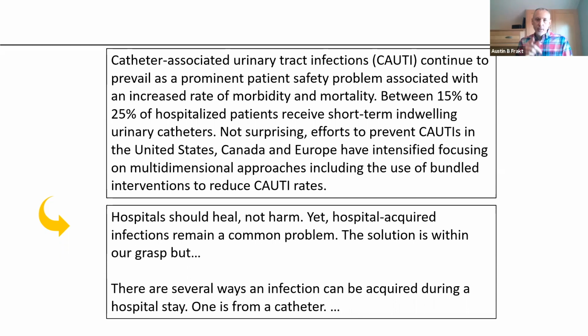But here's the thing: the lead has to be short and simple like this. It needs to start from a place where everybody's nodding their head. Yeah, hospitals should heal, not harm. You've got to get out of the weeds of Caudy's. You might want to elevate it to just general infections in the hospital. If you want to drill down into catheter-based infections, you can do that.